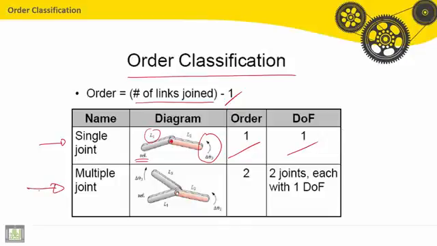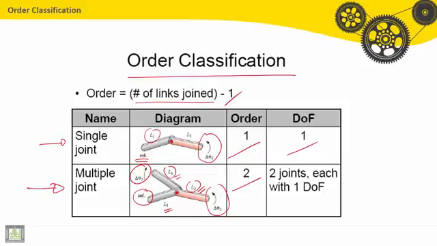For a multiple joint, here we have link 1, link 2, and link 3. The first link is the ground, it is the reference. So the second and the third link can make, according to the joint, delta theta 2, the motion angle for the second link, and theta 3, the rotational motion for link number 3.